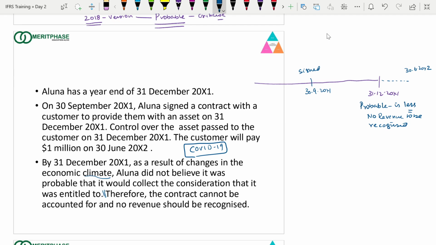The moment there is no revenue element, there is no price element, and the probability is also remote. They did not believe it was probable that they will collect the consideration. Therefore, the contract cannot be accounted for and no revenue should be recognized.